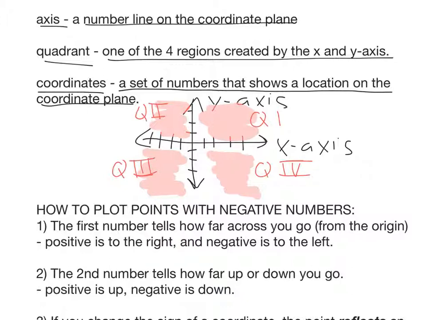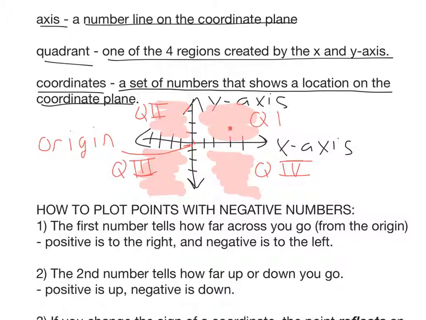Coordinates. So far we know what an axis is. We know what a quadrant is. And coordinates is the last vocabulary word. It's a set of numbers that shows a location on the coordinate plane. So this location right here is over 3 from the center. The center is called the origin. That's another word that you probably should know, but it's not critical. So the origin is where the axes cross.